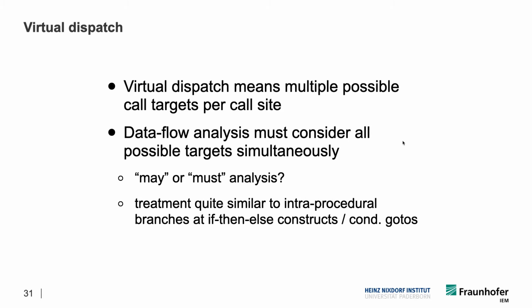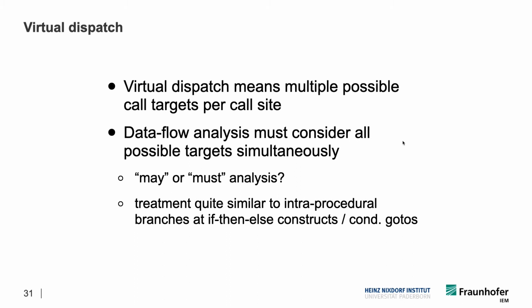You can have conditional gotos on the Gimple level, for instance, or you could have a switch case. So also in these cases, if you have a must analysis, like I said, you need to use intersection, for instance, rather than union.